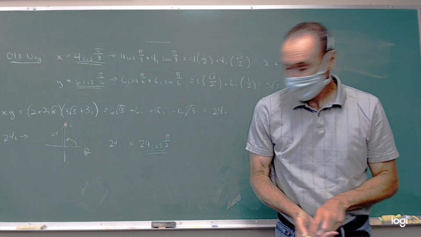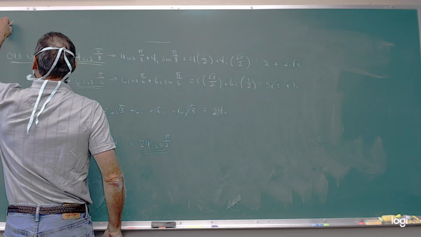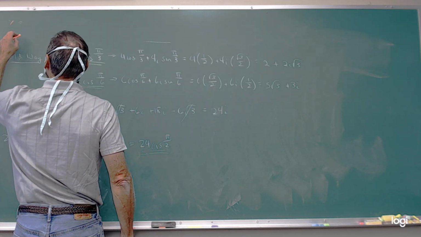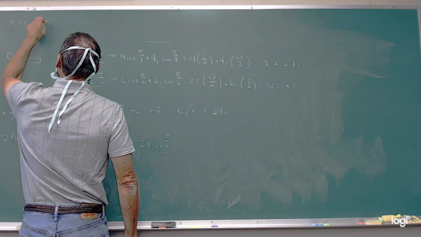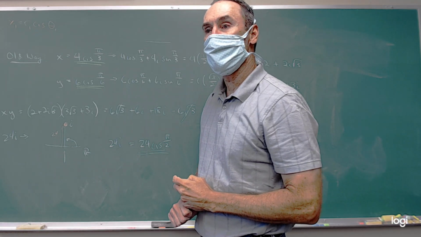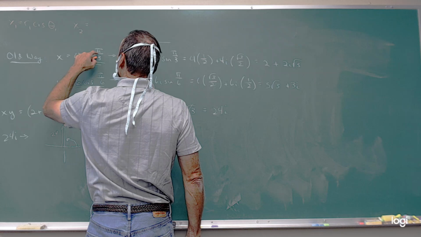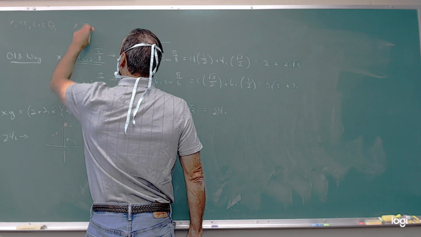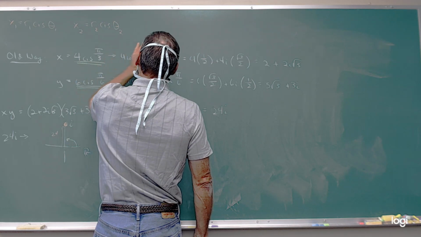be true, is that if x1 is r1 cis theta sub 1, you with me? And x sub 2, a different complex number, is r sub 2 cis theta sub 2.